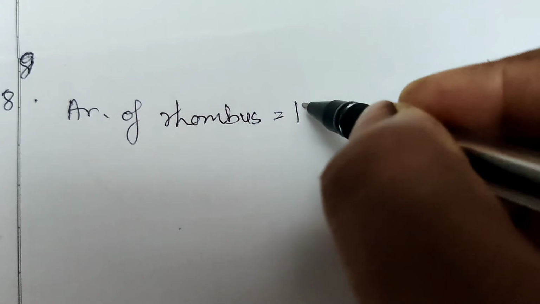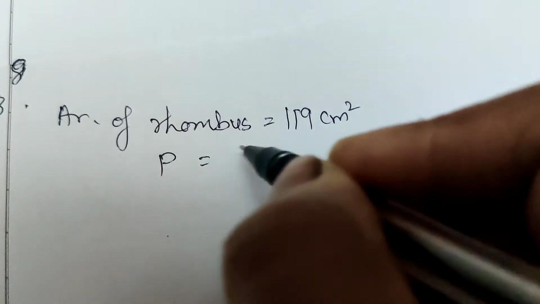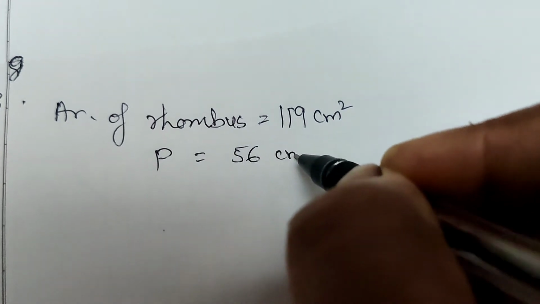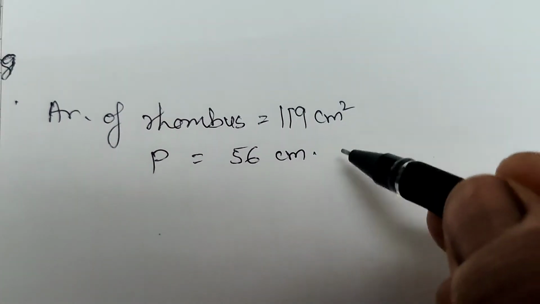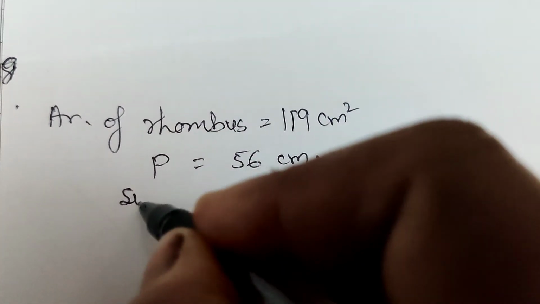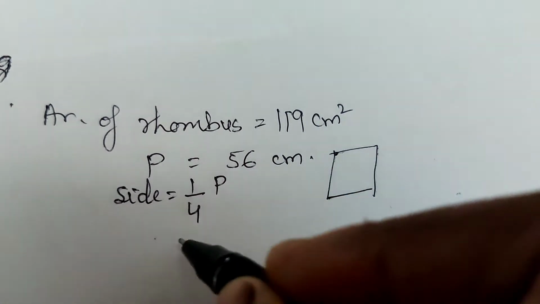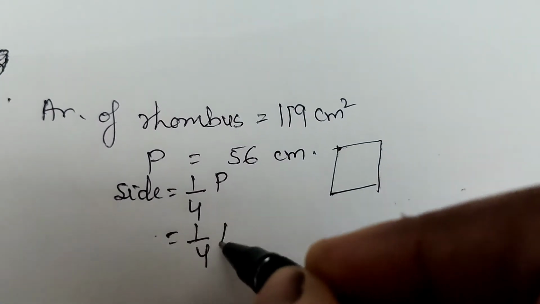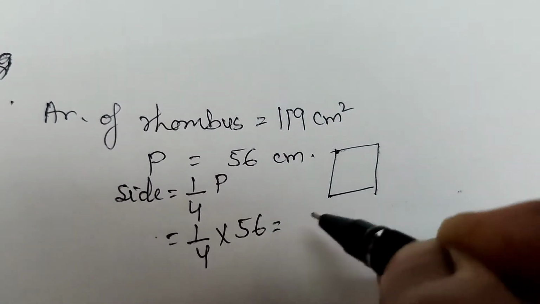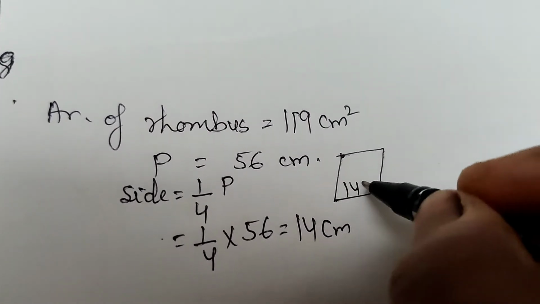Perimeter means all four sides of the rhombus are equal. Therefore, the side equals 1 by 4 of the perimeter. It means 1 by 4 into 56, which is 14 centimeter. So the base is 14 centimeter.